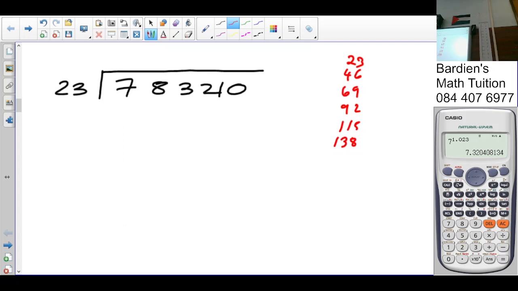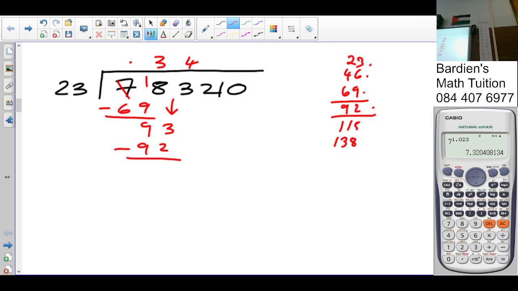So we say, 23 can't go into 7. However, it goes into 78 3 times. So 3 times 23 is 69. Minus, we're left with 9, carry down 3. 23 goes into 93 1, 2, 3, 4 times. 4 times 23 is 92. Minus gives you 1. Carry down the 2.